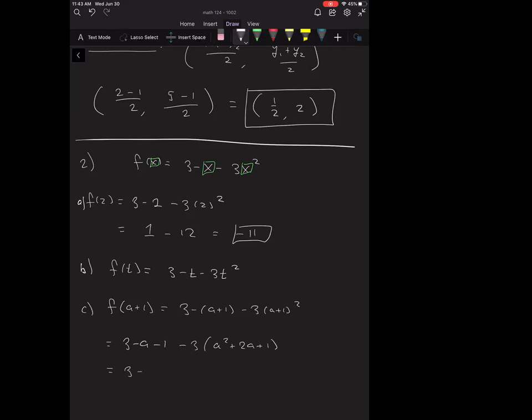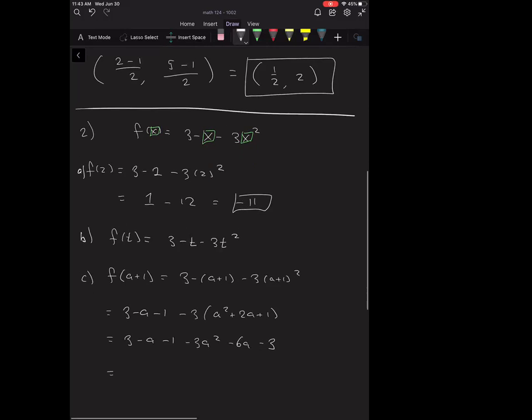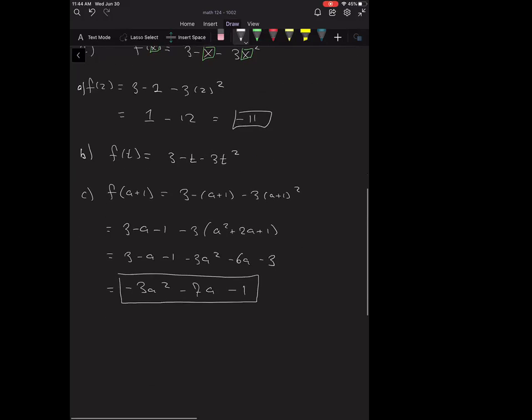So we get 3 minus a minus 1 minus 3a squared minus 6a minus 3. And this is going to equal minus 3a squared minus 7a, and then 3 minus 1 is 2, minus 3 is minus 1. All right, so there's number 2.